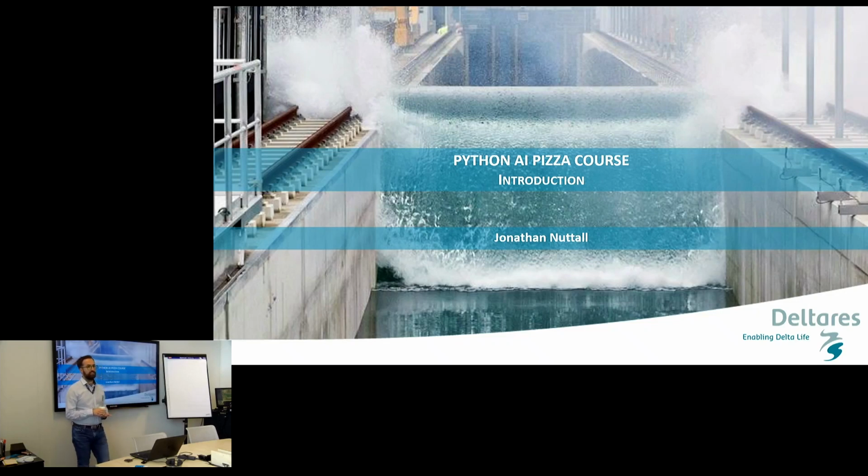Today's Python course is on artificial intelligence, and I'm going to give just a very brief introduction to the course and to machine learning in general in Python, and then Joost will give a case study of how he's used Python and machine learning for a practical example in Deltaris.